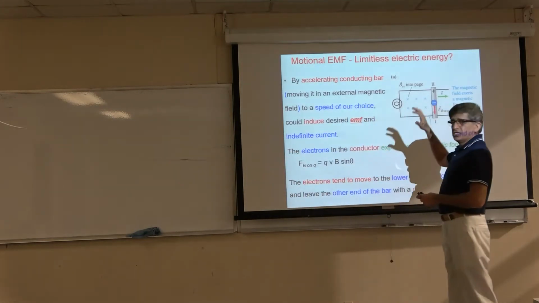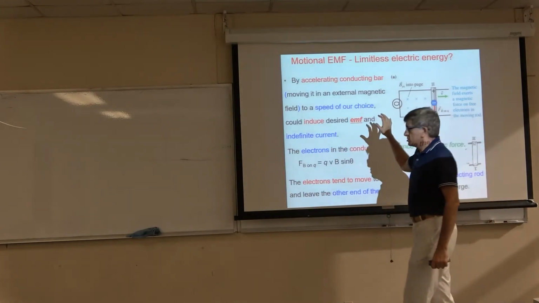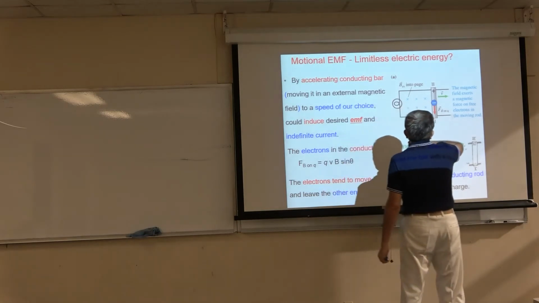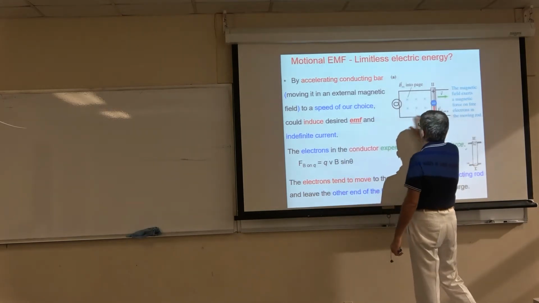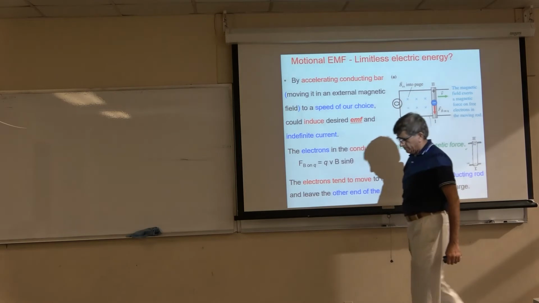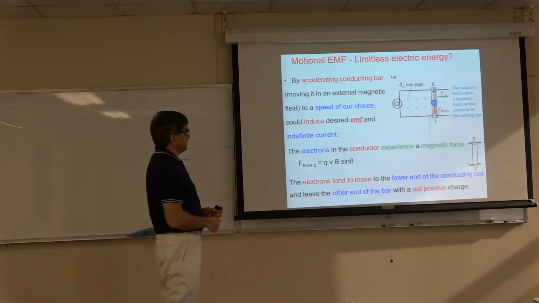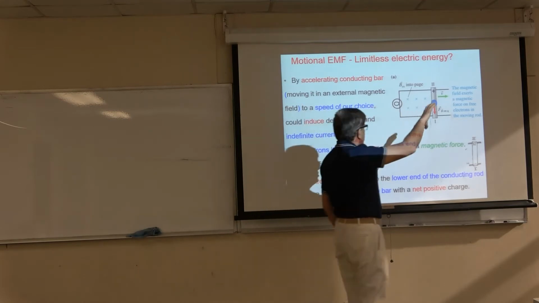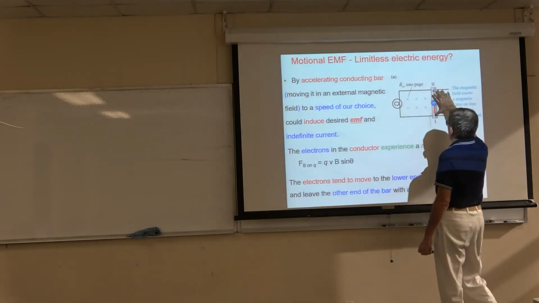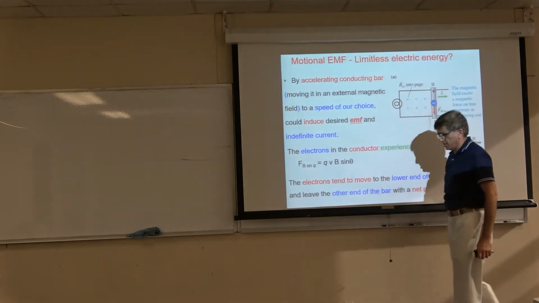So here is a setup for this. We have conducting rails connected with an electrical bulb on one end, and the other end of the rails is open. In this open end, I place a conducting bar.